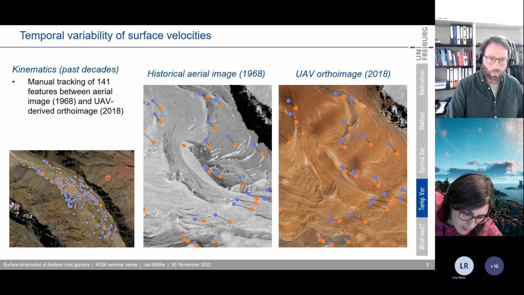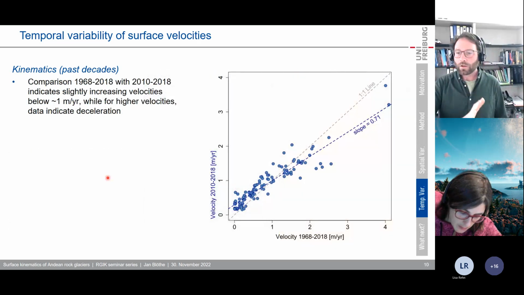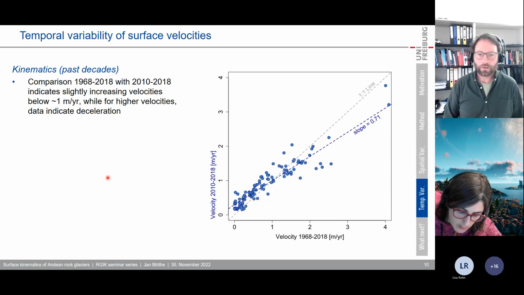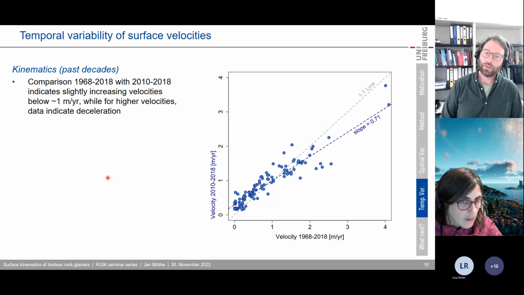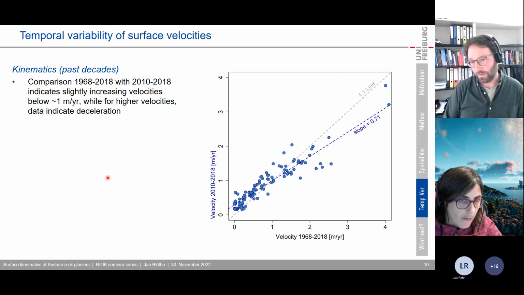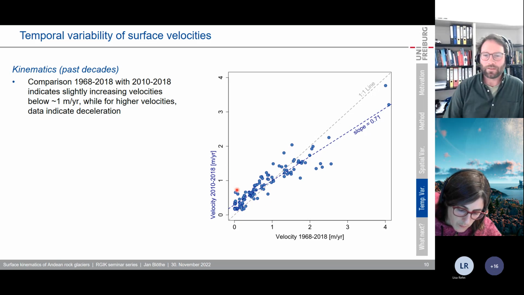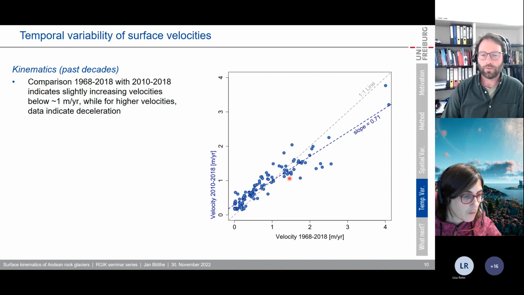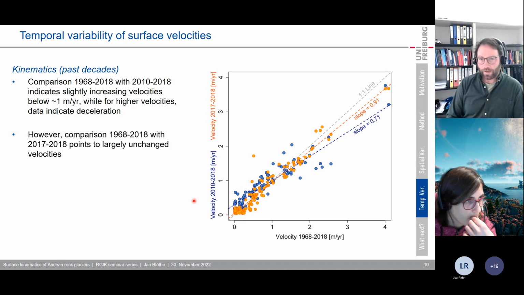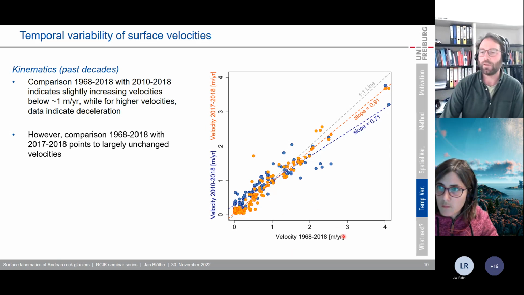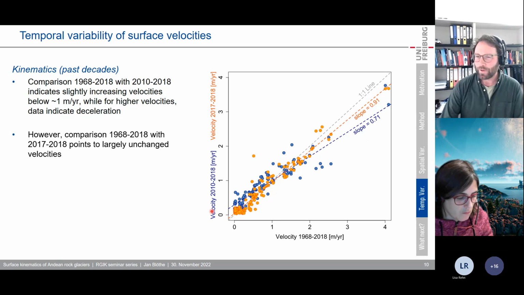orthoimage. And what we can see if we compare these two time scales with each other, so the velocity between 2010 and 2018 with the average velocity of 1968 to 2018, we see that in the lower ranges, we get an indication of slightly increasing velocities, even though the higher velocities do not seem to show this picture. And if we compare this again to the velocities of 1 year, so 17-18 compared to 68 to 2018, we find an even better agreement.